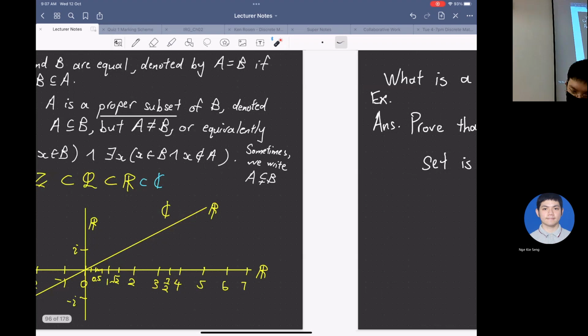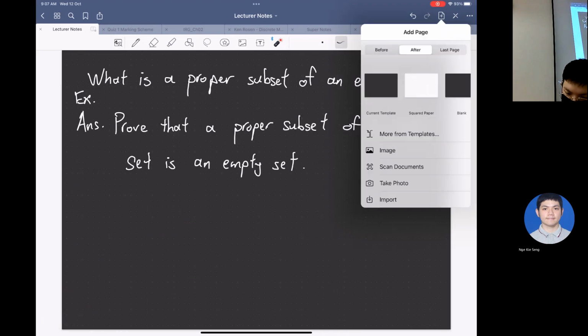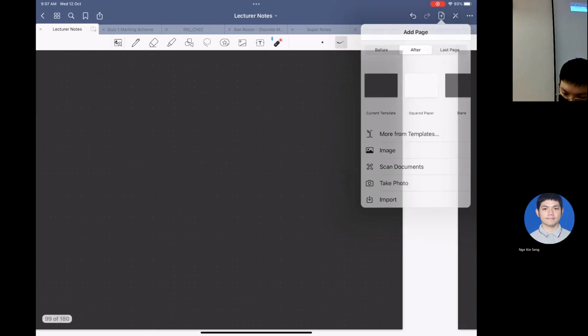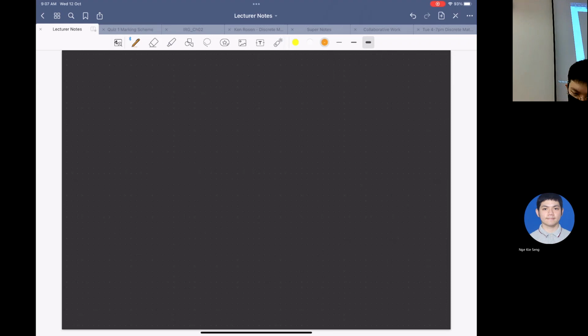Okay, so today we will first talk about how big or how small a set is. This is the cardinality of the set. Let's define it.